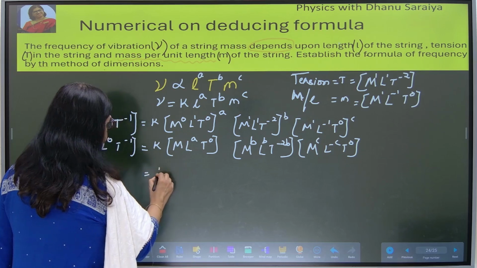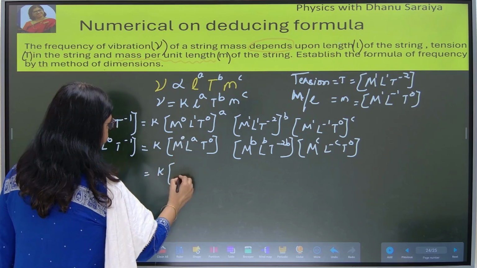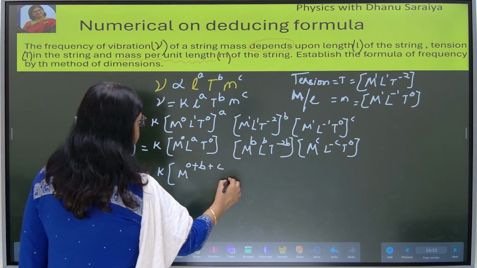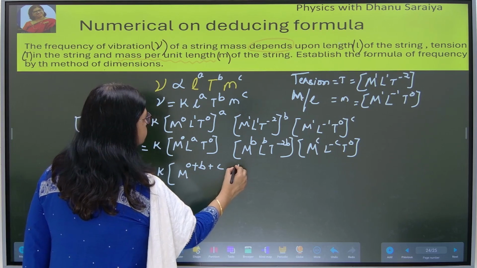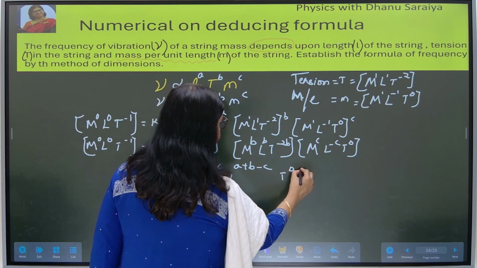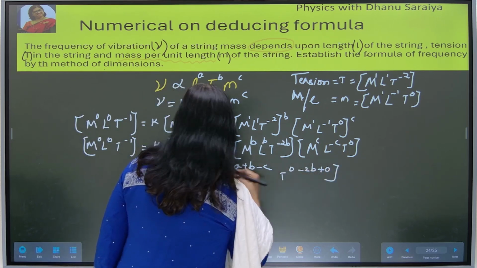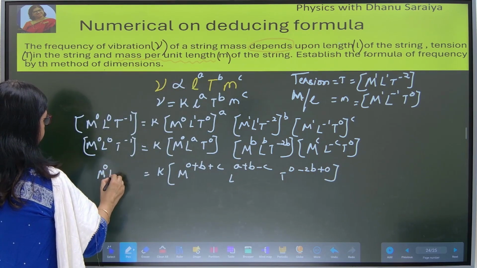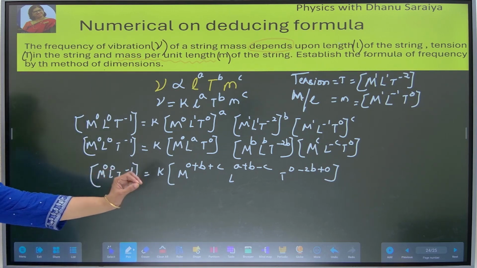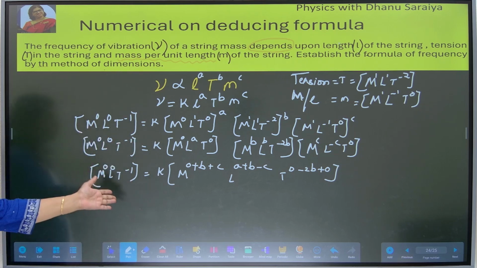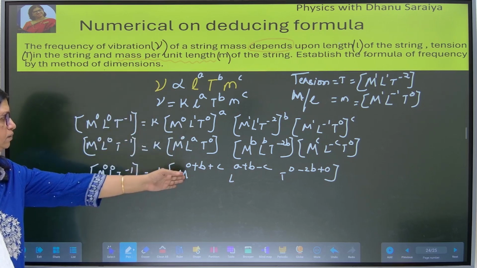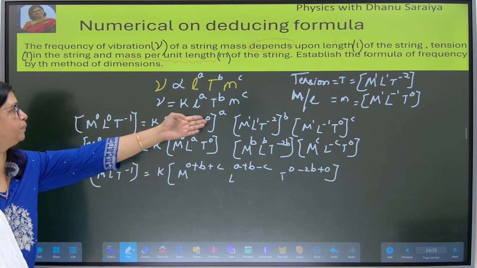So now, I am just adding the powers of L, M, T. Okay, so I am ready with my final equation by which I can make my 3 equations to find out A, B and C. I have just added the powers of M, L and T after multiplication with their respective parts.